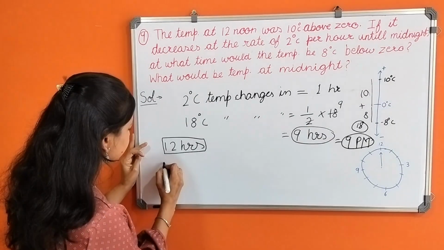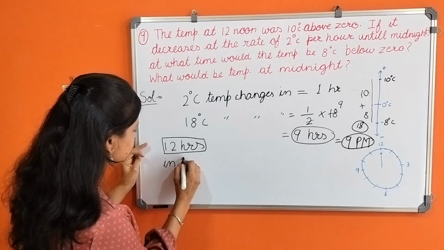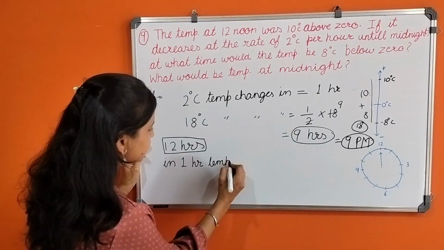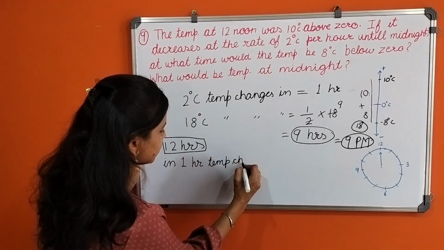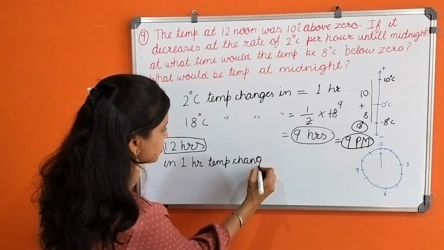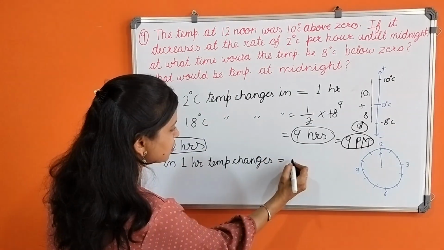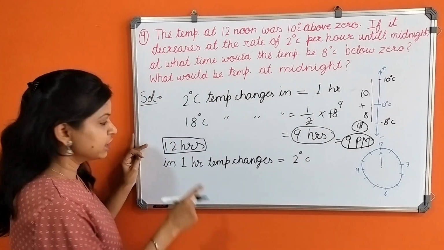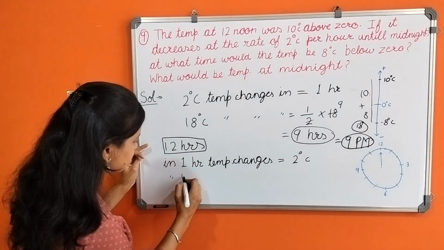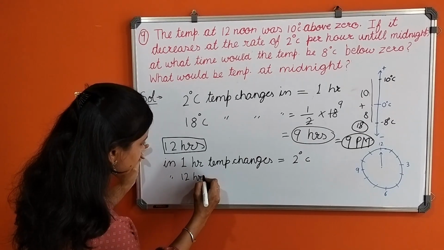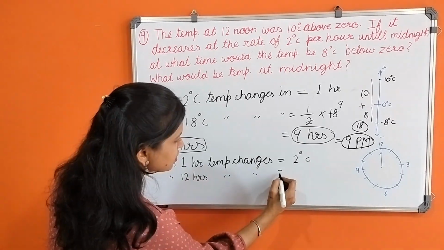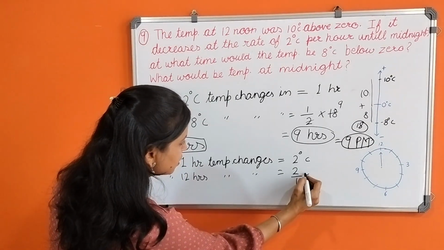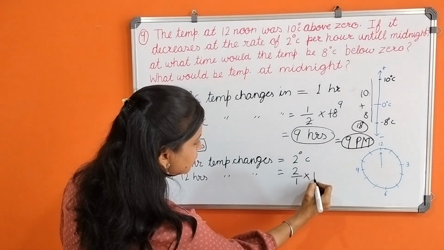So, in 1 hour, temperature changes 2 degree centigrade. So, in 12 hours, temperature changes 2 divided by 1 into 12.